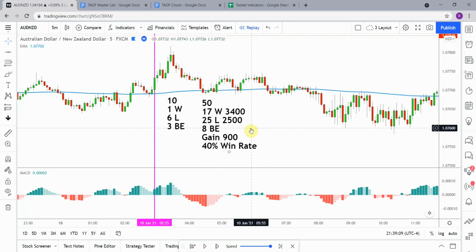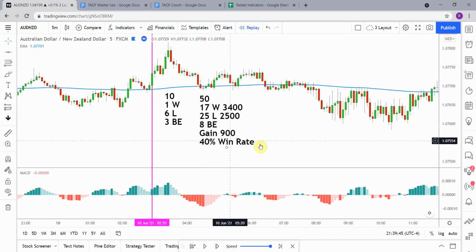And so with risking the 2-to-1 that we were looking at, profit target to the 1 of the loss, then what we end up is, if we were risking say $100 for each trade, that'd put us at a loss of $2,500. If we were obviously looking at a profit target of $200 for each win, then we'd be looking at $3,400. That is a gain of $900. That's about a 40% win rate.